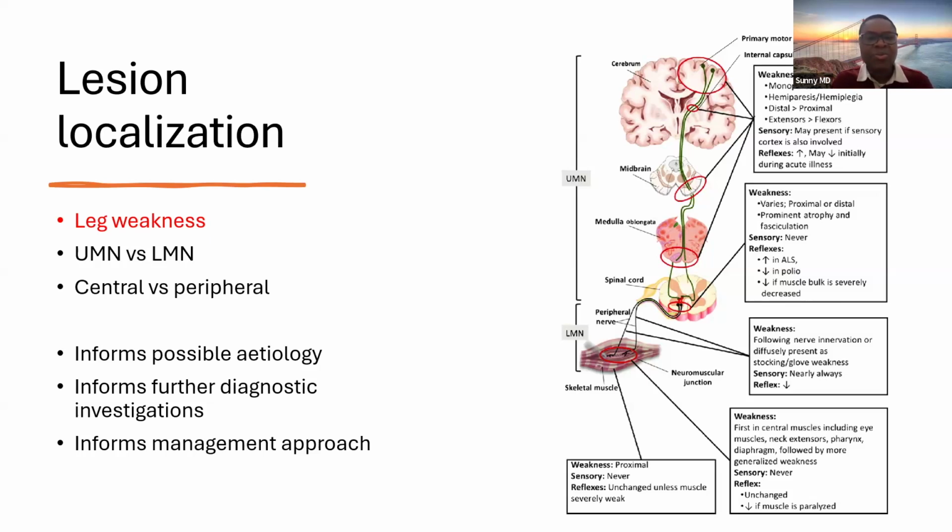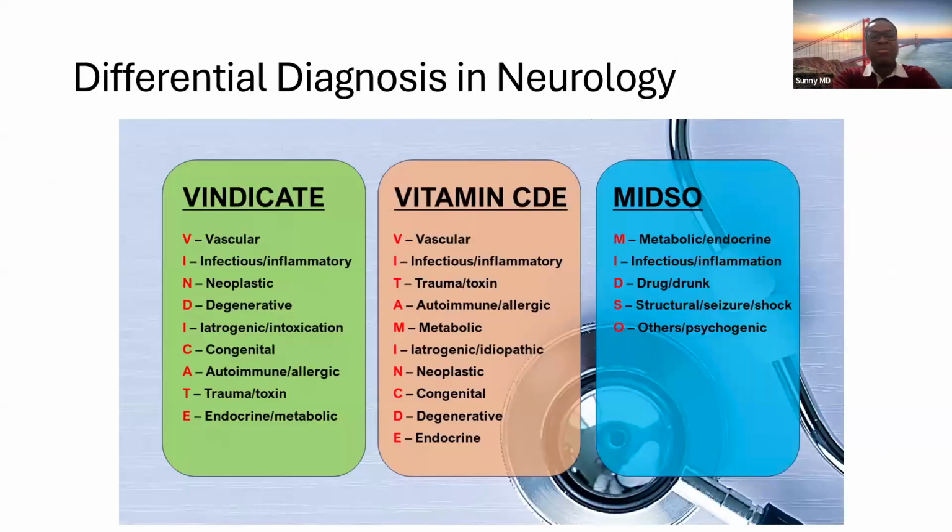So localizing lesion helps us not just for etiologic reasons, it also helps us with diagnostic investigations and of course management approach. And that's what I've just said: upper motor versus lower motor neuron weakness, central versus peripheral. Good. So let's progress. We move on to differential.